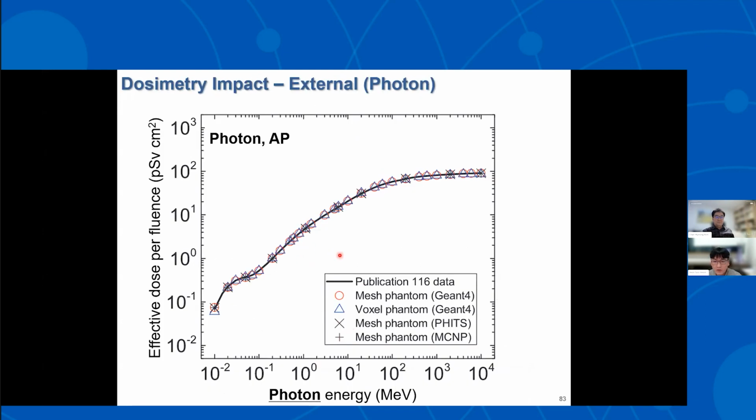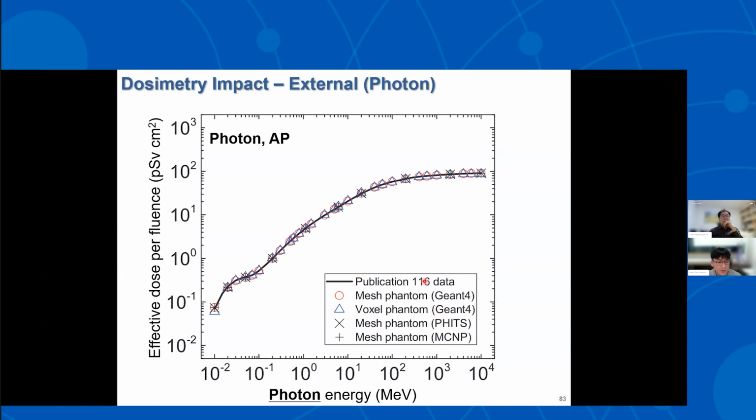So now I would like to talk about some dosimetry impact of the mesh phantom for some external and internal exposures. First, let's see the external exposures. This graph shows some effective dose coefficient for the external exposure to the photon beam in AP direction, calculated from the mesh phantoms and also along with the voxel phantom.